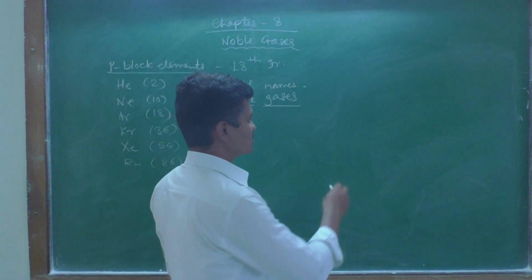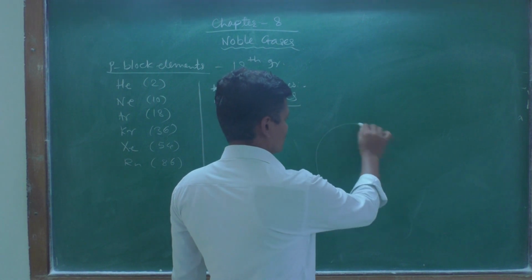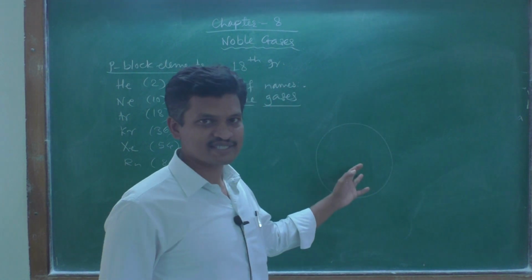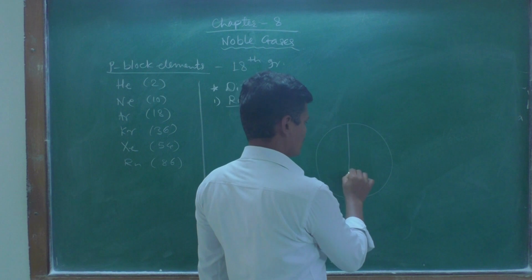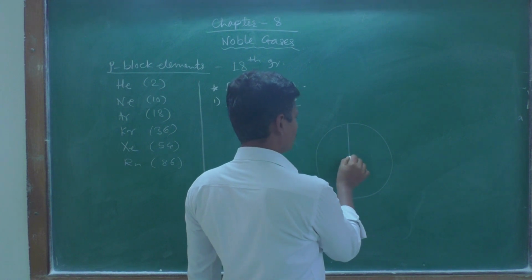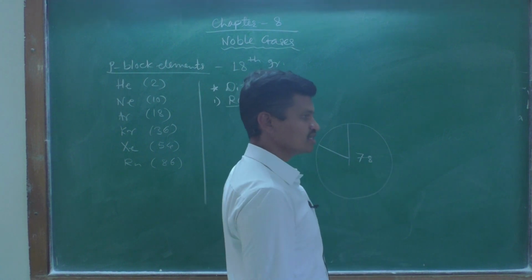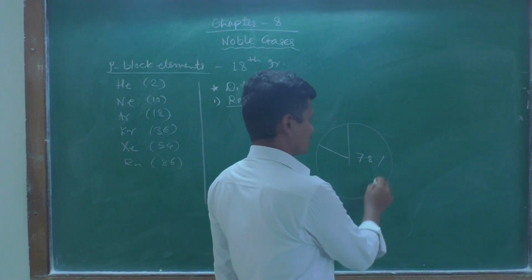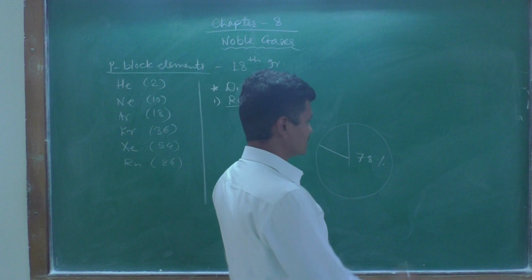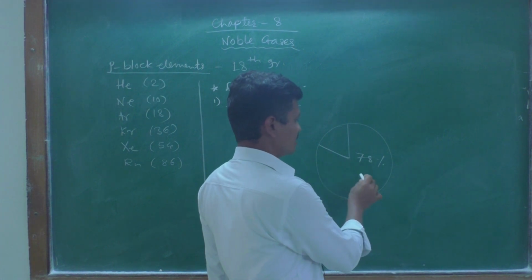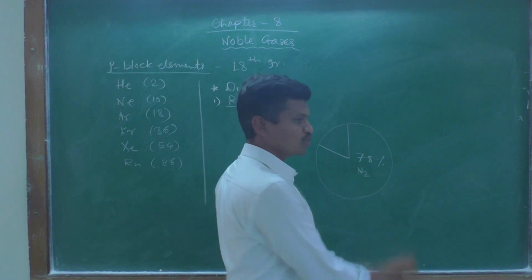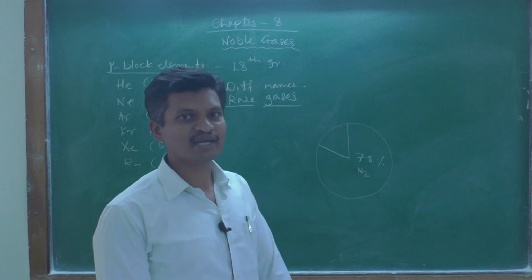But when we study the atmospheric gases, we know that about 78% of the volume is occupied by N2, that is dinitrogen gas.